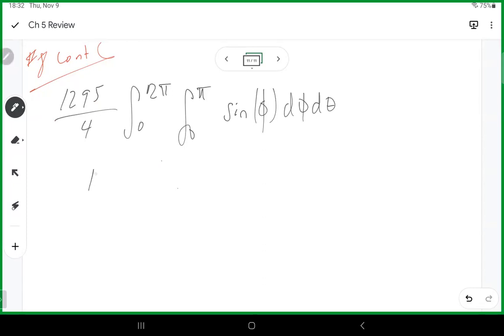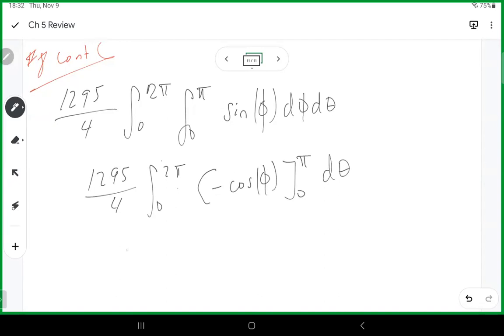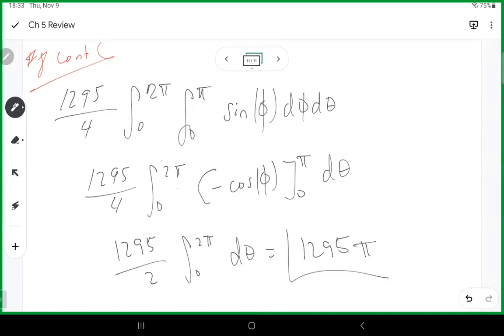So then we would get 1295 over 4, 0 to 2 pi, negative cosine, 0 to pi d theta. 1295 divided by 2. So you just end up with 1295 pi. And you want to enter it exactly like that. Do not give a decimal. That's exactly what they want. They don't want anything else.